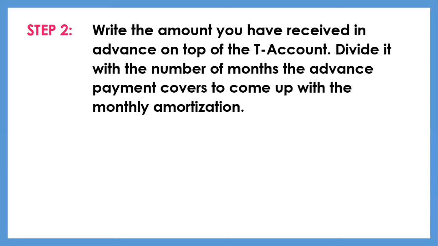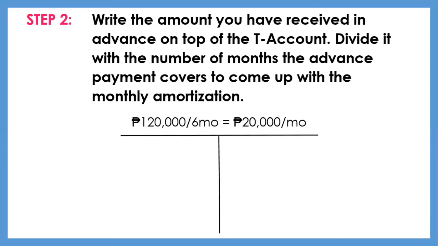And so this is how our step number 2 looks like. At the top of our T account, we indicated the amount of our payment, 120,000 pesos, and we divided by 6 months, so a total of 20,000 pesos per month. Or in other words, this is our monthly amortization.